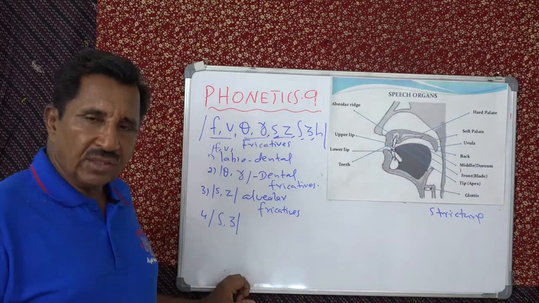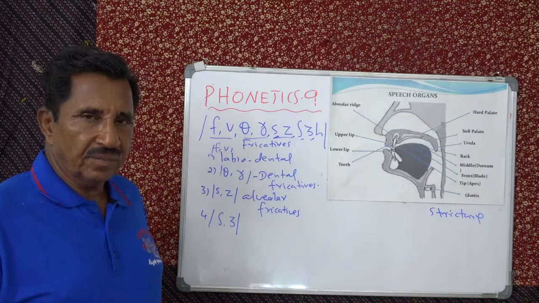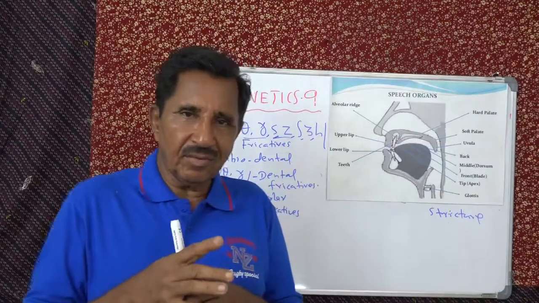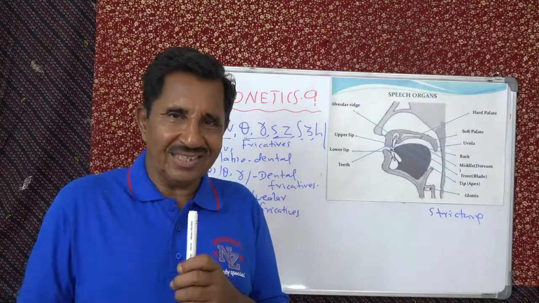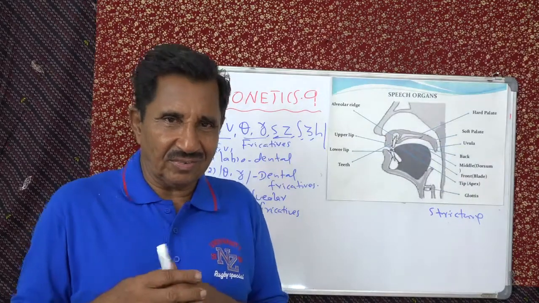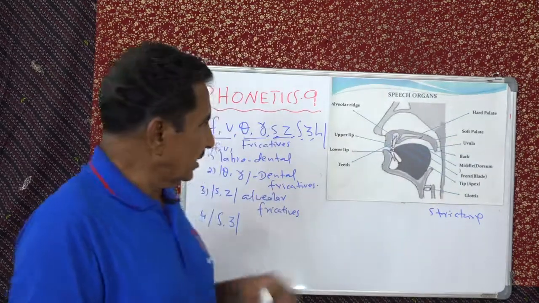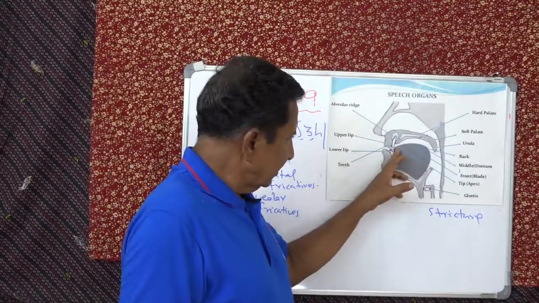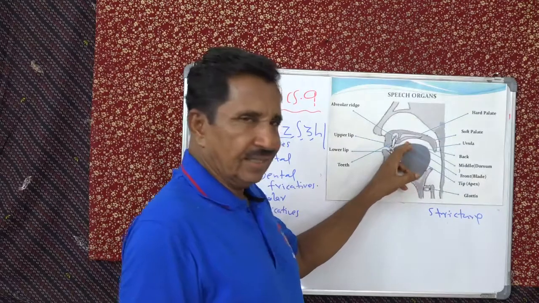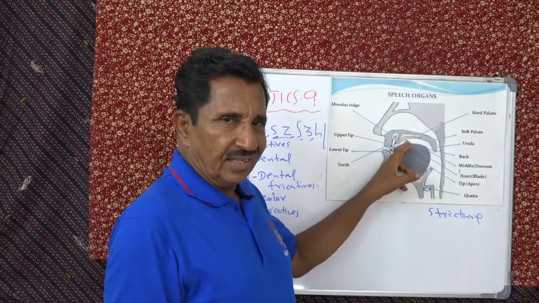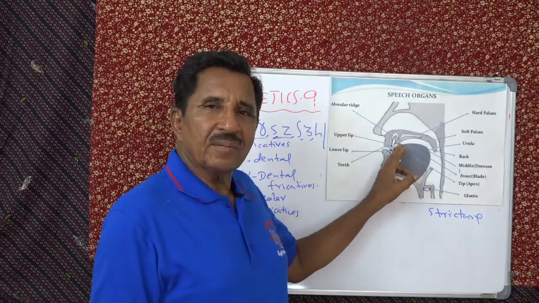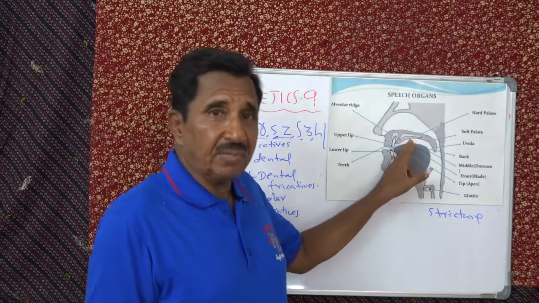Okay, now the next one is sh and zh. Sh voiceless and zh voiced. See, the narrowing is done by, we can say, double articulation, or you can say primary and secondary articulation. You can see this, the tongue up to the middle is raised towards the alveolar ridge and hard palate.